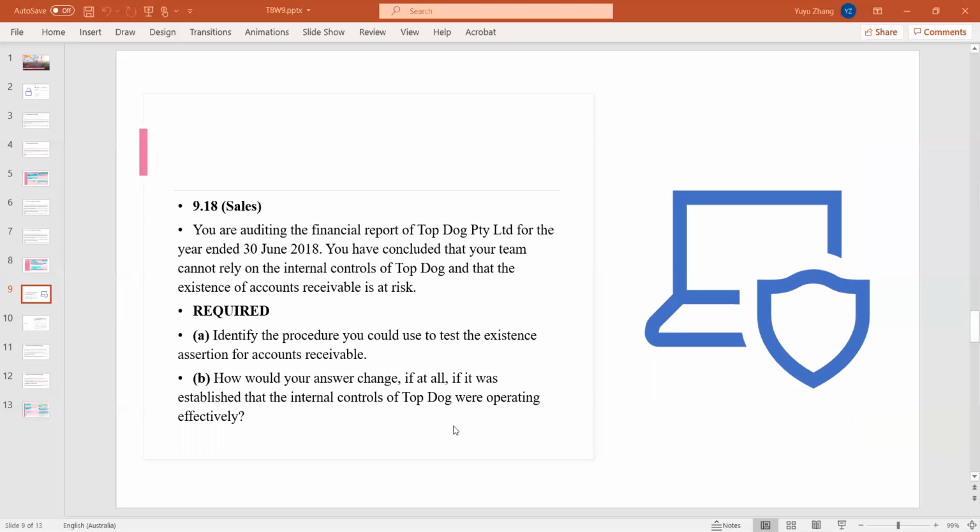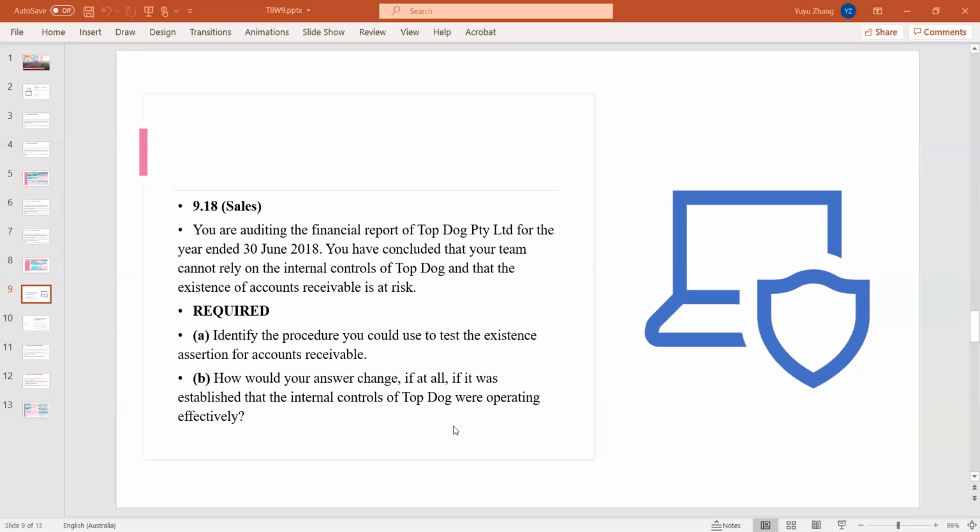Question 9.18. In this requirement, you are auditing the financial report of Top Dog company for the year. You concluded your team couldn't rely on the internal control and the existence of accounts receivable is at risk.